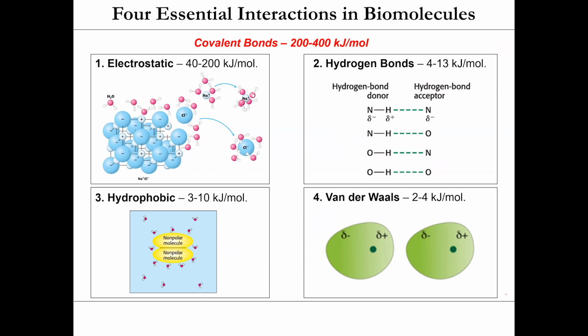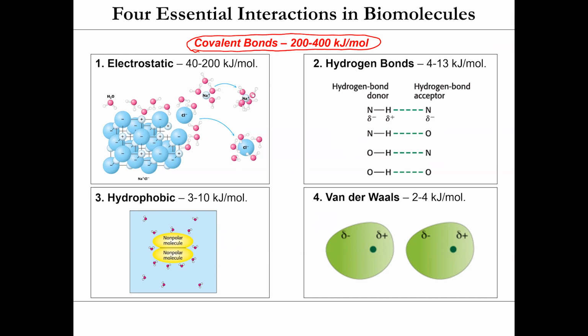There are electrostatic interactions, hydrogen bonding interactions, the hydrophobic interactions based on the hydrophobic effect, and van der Waals interactions between different molecules. Just for reference on the relative strength of each of these, covalent bonds, which are going to be much stronger than each of these, contain 200 to 400 kilojoules per mole of energy.